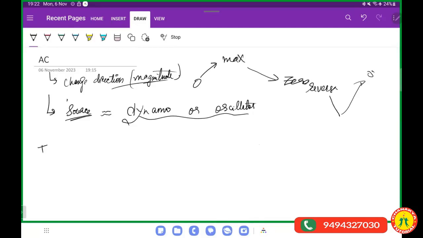So for alternating current, for any instantaneous value of current, I equals I naught sine omega t. What is I naught?